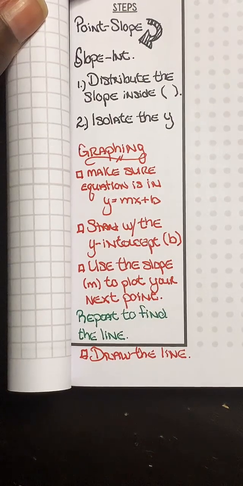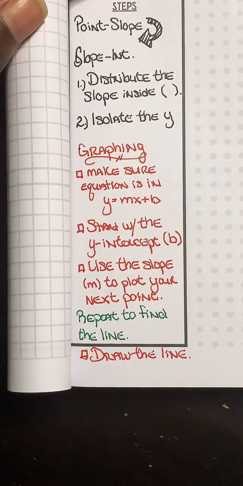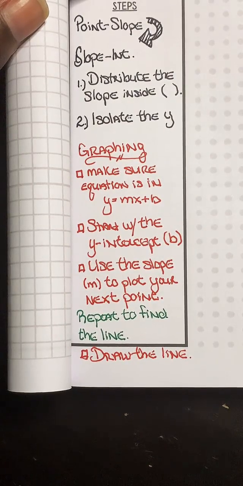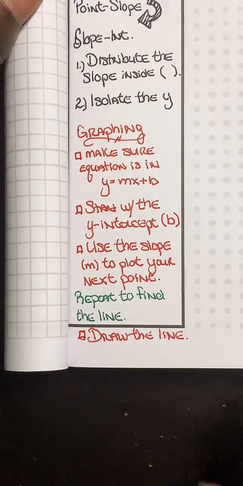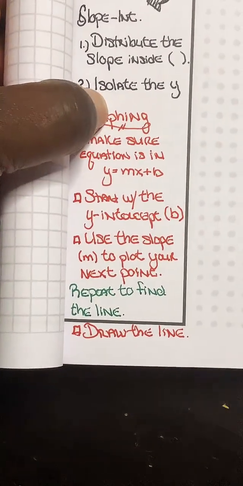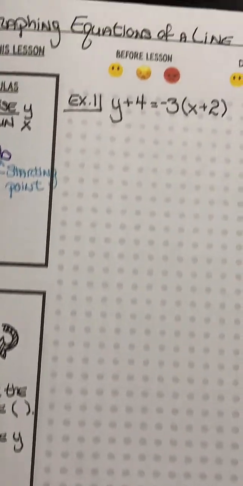The minimum amount of points that you need is 2. We all know the shortest distance between 2 points is a straight line. So we need a minimum of 2. Then, boom, draw the line. Really not this deep. So let's take a look.